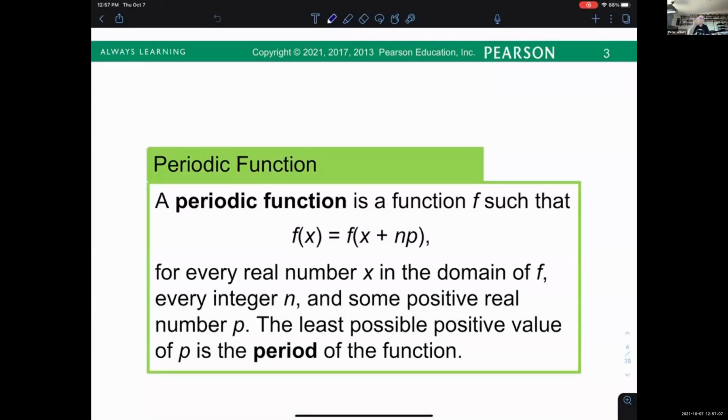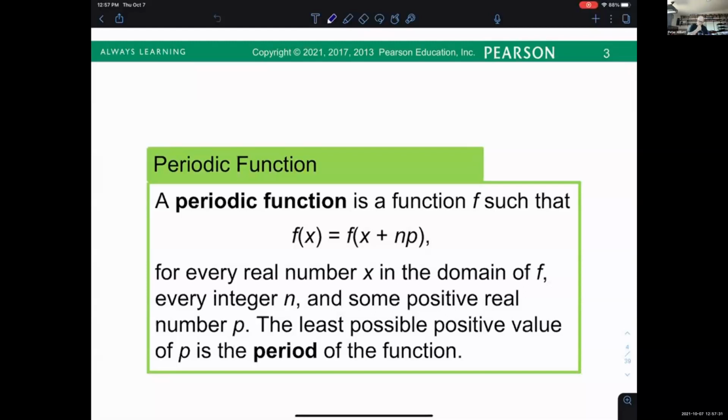So if x was like time, and you looked at the height of the water at 3 o'clock, and let's say the period was every 12 hours, well, then at 3 a.m., when you look at the height of the water, if you add 12 to that, then you'll get 3 p.m., you'll see the same height of the water, because the water may have gone down, but it comes back up and it repeats every 12 hours, something like that.